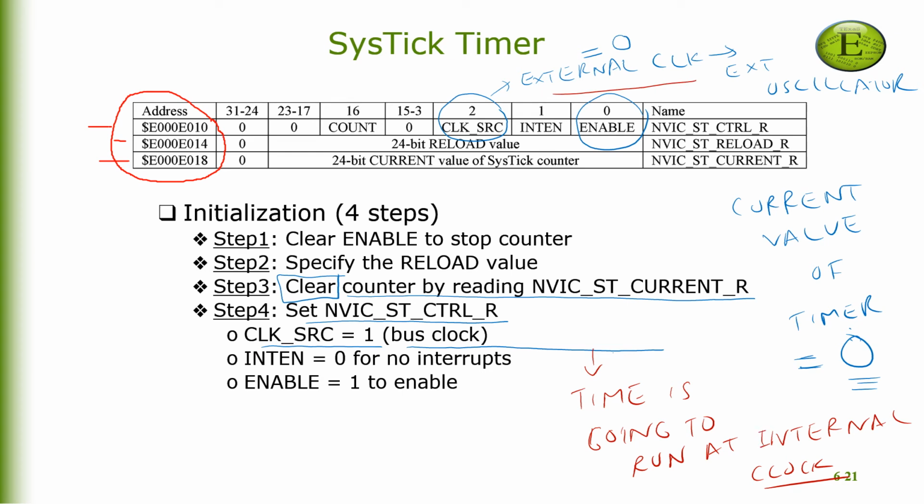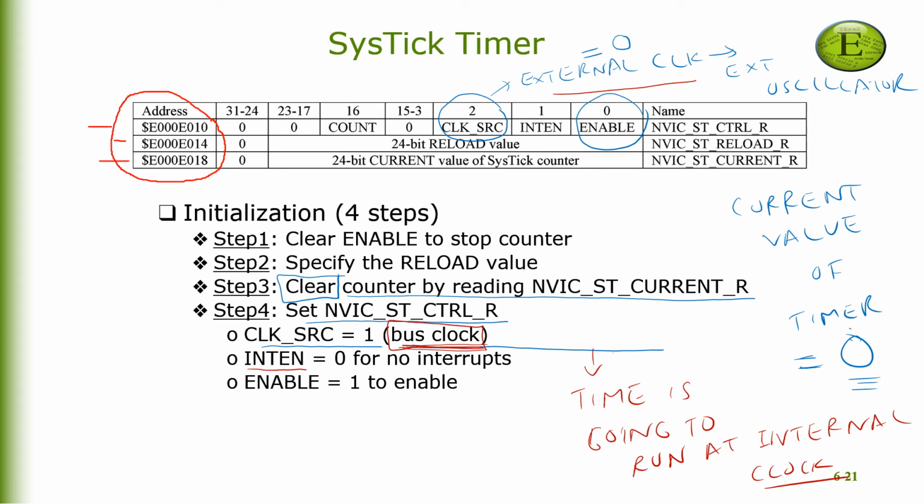You get to decide which clock is used to run the timer. And that is essentially the speed at which the bus is running, also known as the bus clock or the internal clock. And by the way, you can adjust the frequency of the internal clock by using the phase lock loop, and therefore you can control the frequency at which the internal clock or the bus is running.